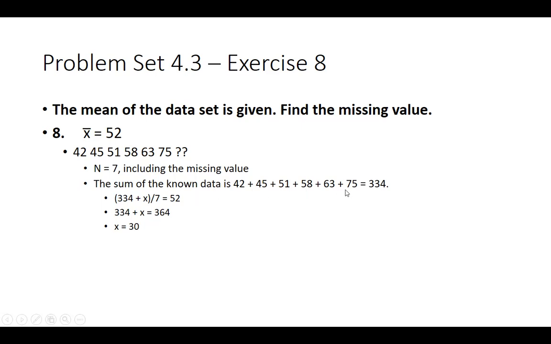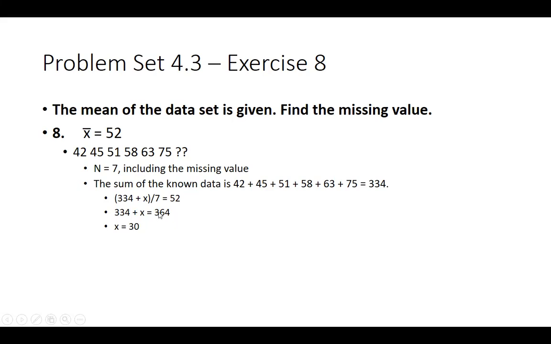If we add up the 6 that we know, 42 plus 45 plus 51 plus 58 plus 63 plus 75 is 334. That means that 334 plus the missing value, all divided by 7, has to equal 52.